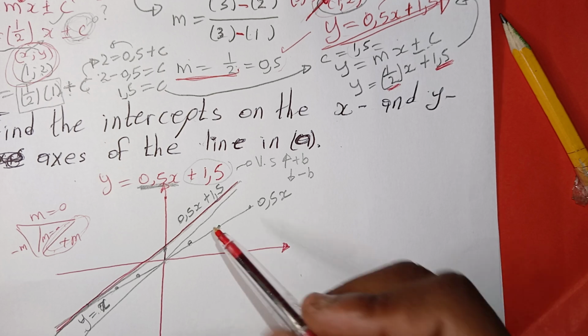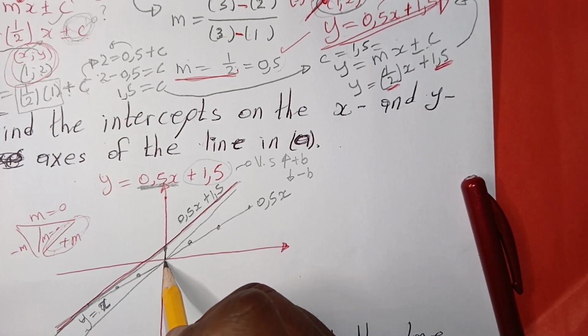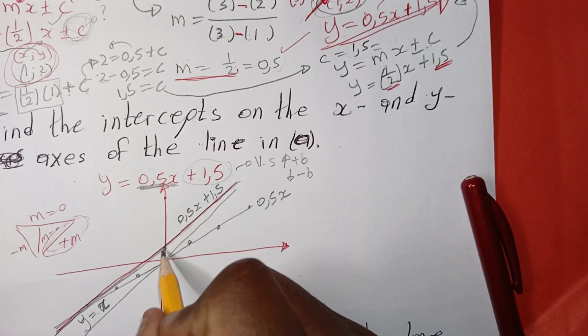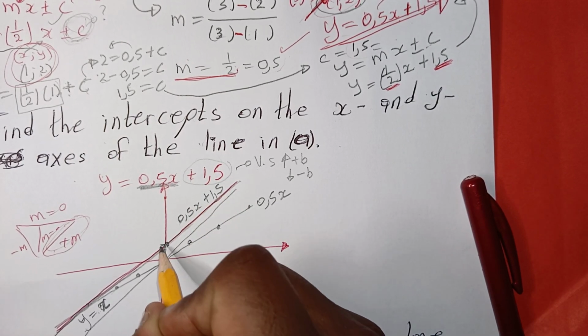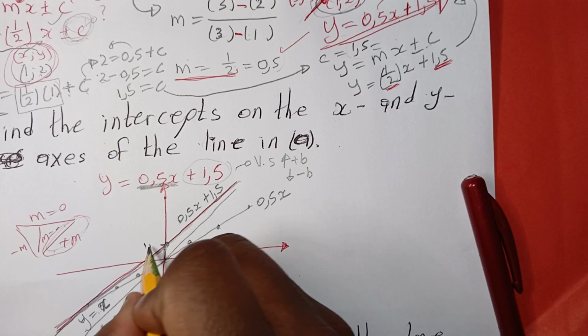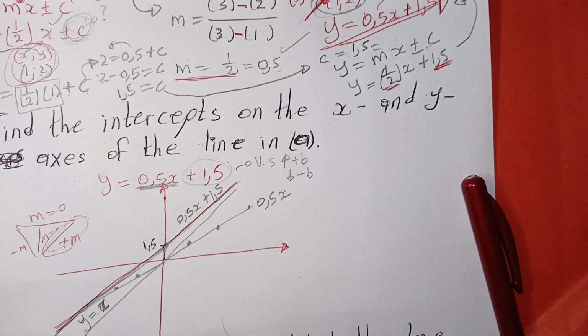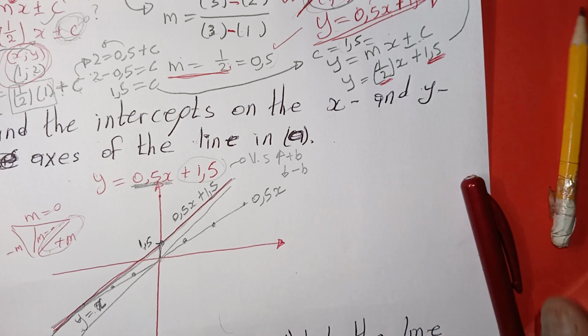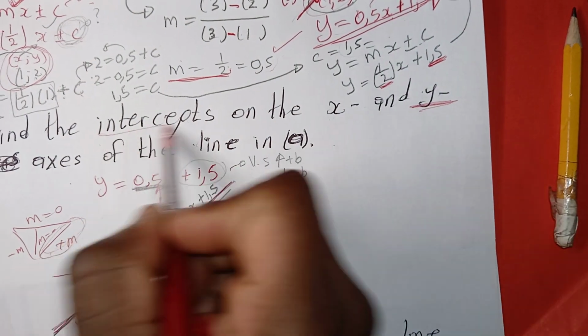Do you see? And now it will shift upwards by these units, which means it will intersect here, and at that point it's 1.5. Yeah. And that 1.5 tells you the y-intercept.